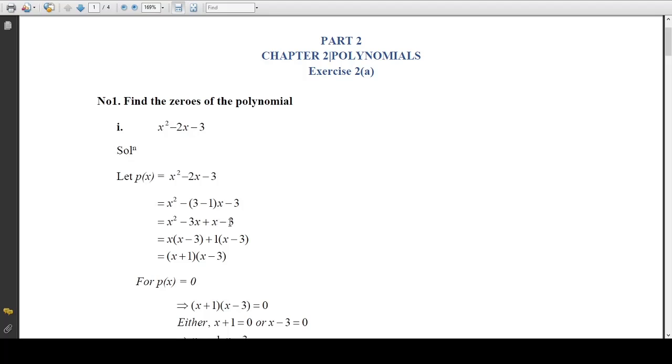And the last 2 terms, x and minus 3: neither x nor 3 is common, therefore you will take 1 as the common term. Now 1 multiply how much to get x? 1 multiply x, and here you have to multiply the sign also. Plus with minus sign is minus sign. 1 multiply how much is 3? 1 multiply 3 is 3. Now these things which are inside the bracket, you should get the same.